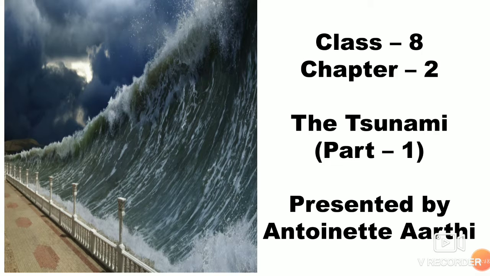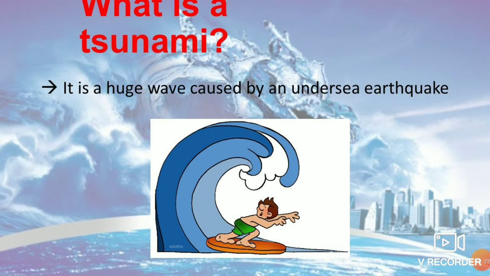Before going to the story, let us see what is a tsunami. A tsunami is a huge wave caused by an undersea earthquake. What is an earthquake, children? I hope all of you know. An earthquake is a destruction or a vibration caused on the surface of the earth.